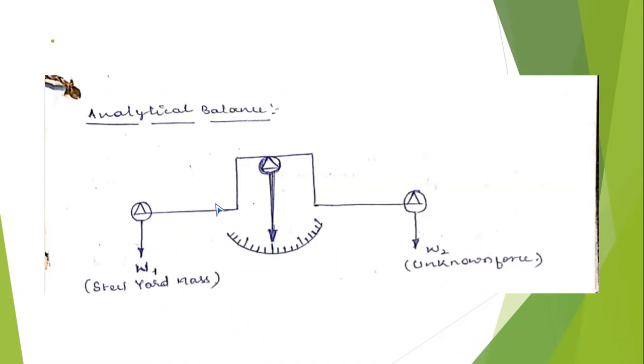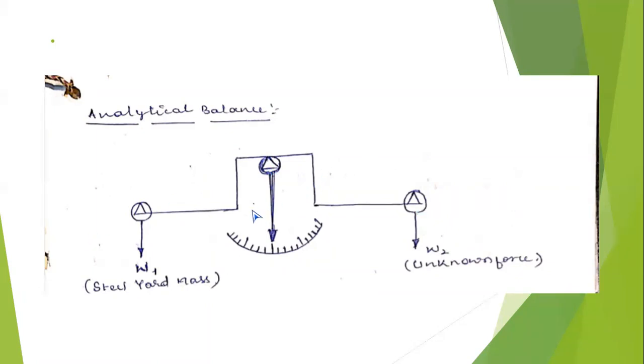All of you observe here, this is the beam supported by 3 trapezoidal knife edges. All the 3 trapezoidal knife edges should come to the same line, or symmetry.